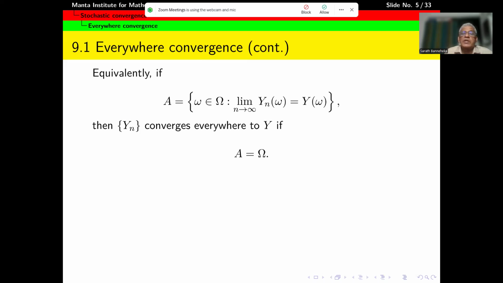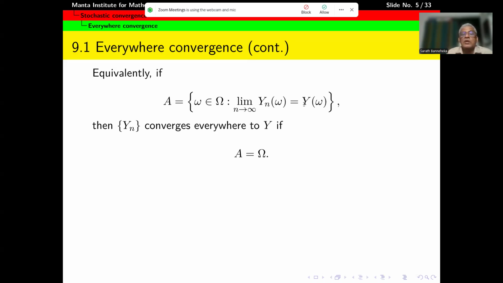And if Yn(omega) as n goes to infinity is the same as Y(omega) for some other random variable Y defined on the same sample space, then we put that omega into set A. Let's take another omega and then look at the limit of Yn(omega) as n goes to infinity.